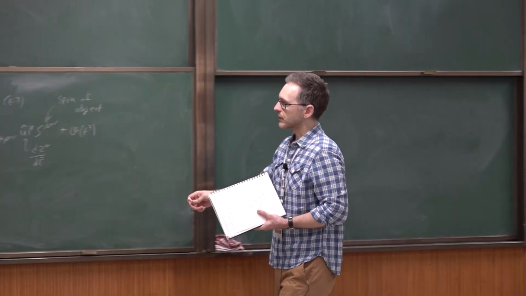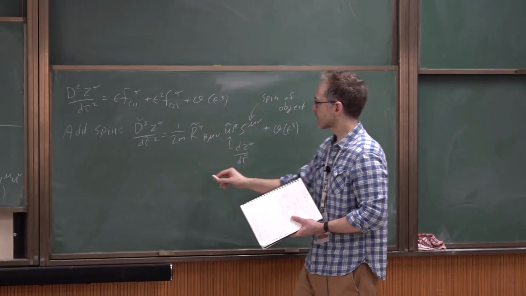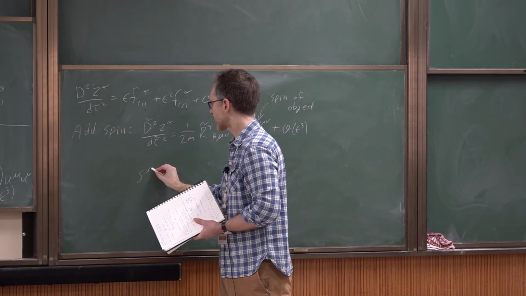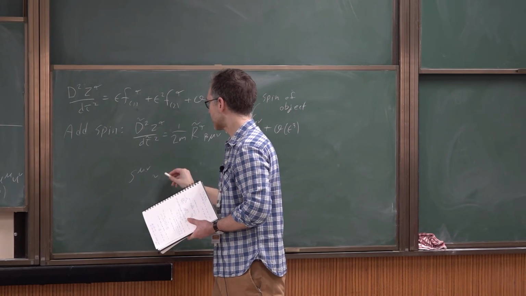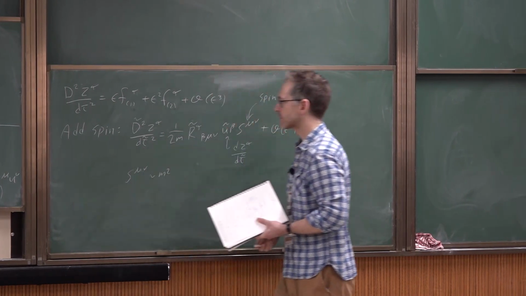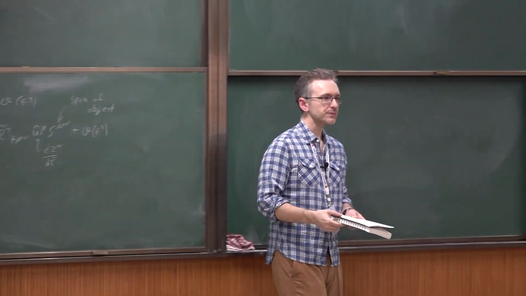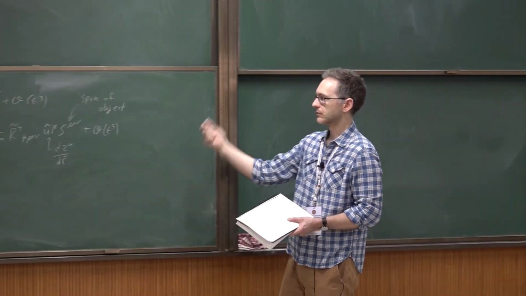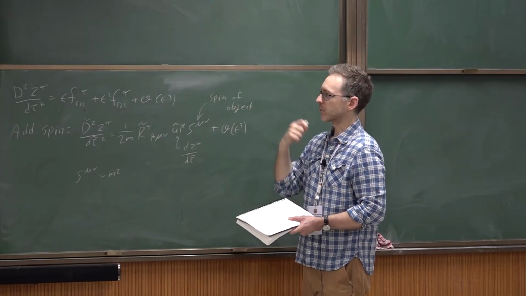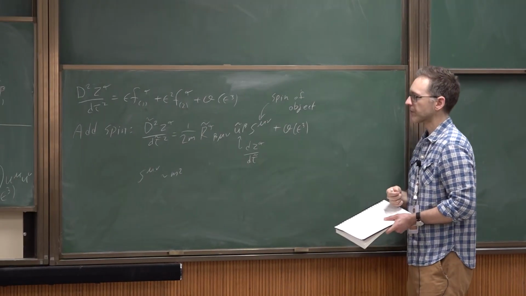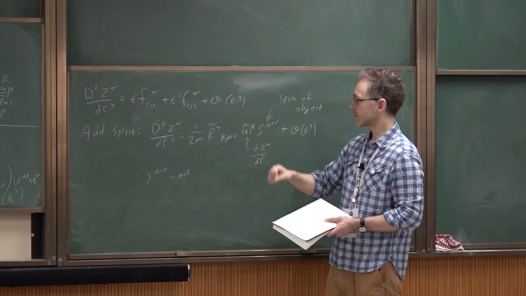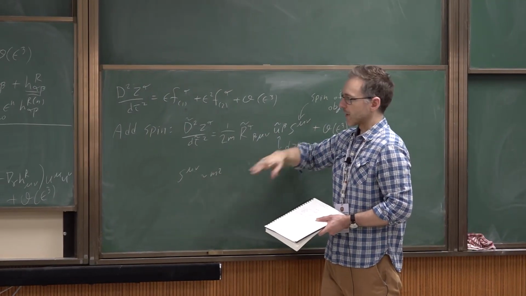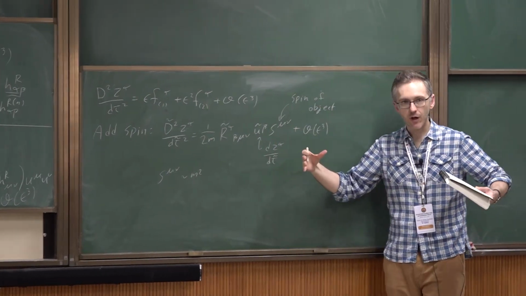And what you can see from the scaling, S, the spin, for a compact object, scales with mass squared. Spin is basically mass times angular rotation, and angular rotation is proportional to the size of the object.